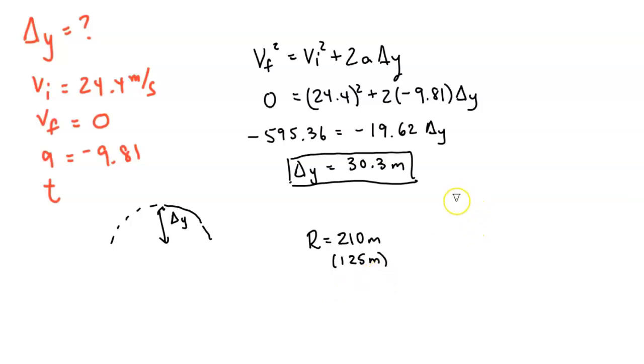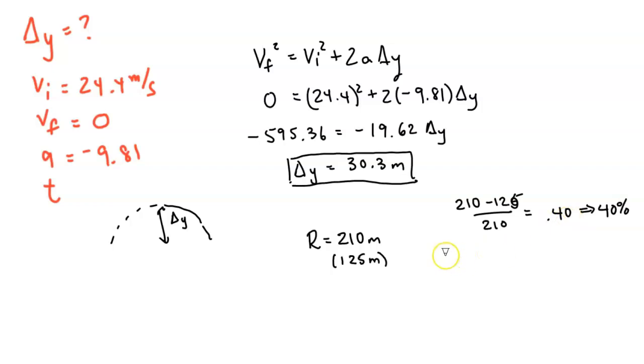So if we take a look at the difference here, if we took 210 minus 125, divided by 210, we see that it was about 0.4, or about 40% less than what we expected if it was in projectile motion.